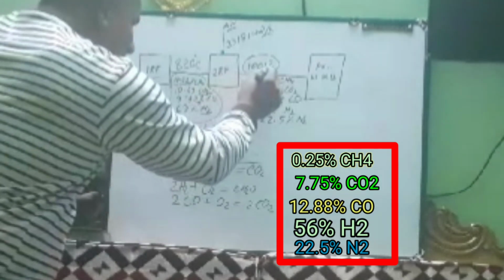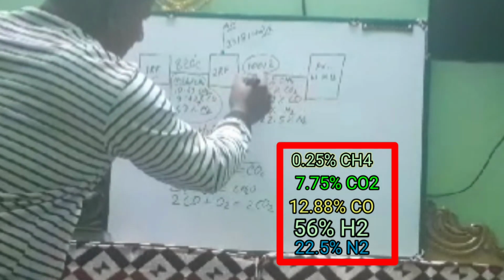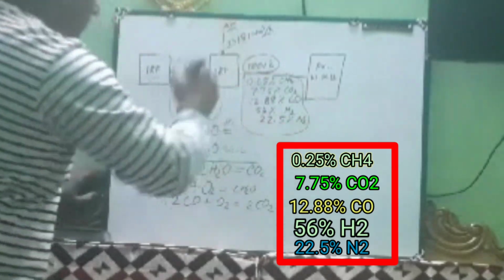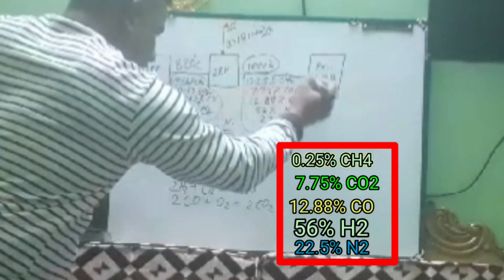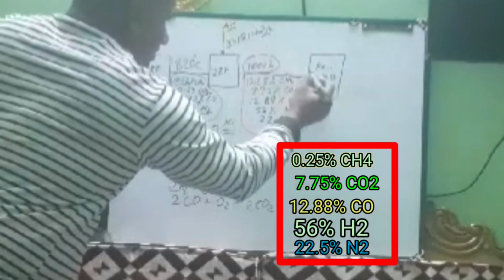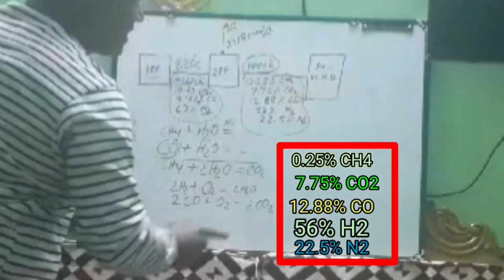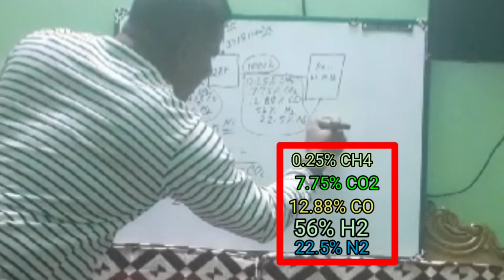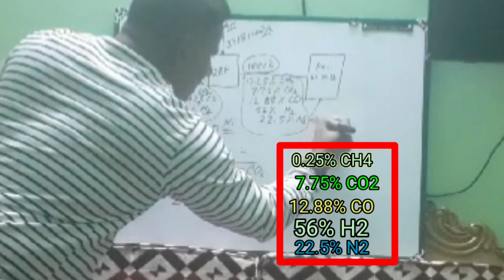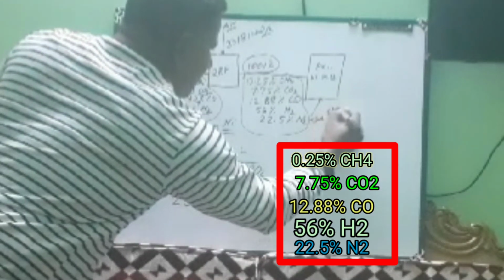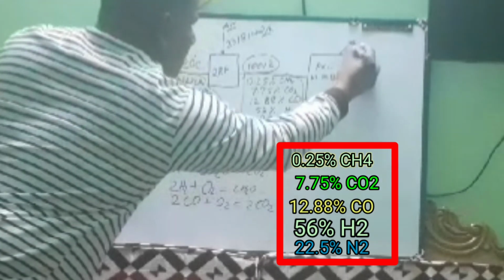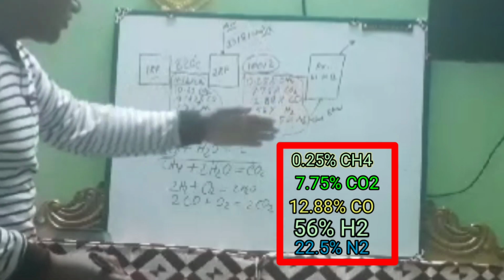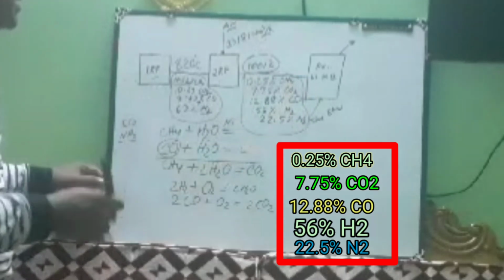This 1001 degree centigrade process flow will go to the waste heat boiler shell side, and boiler feed water will be provided on the tube side.